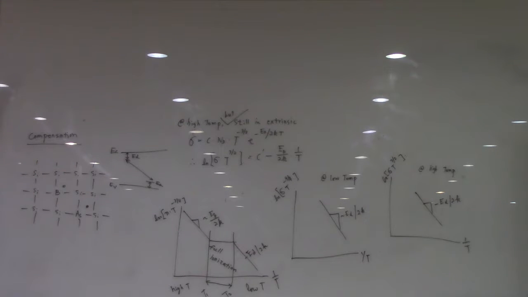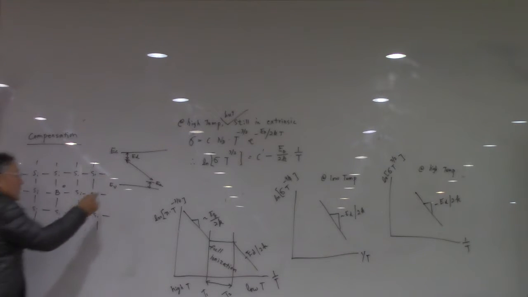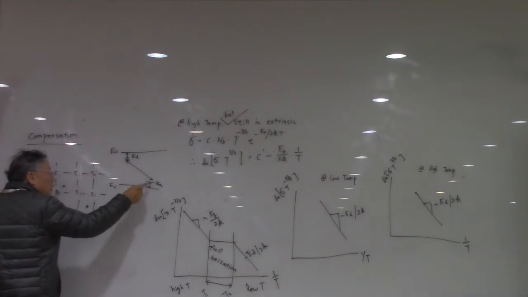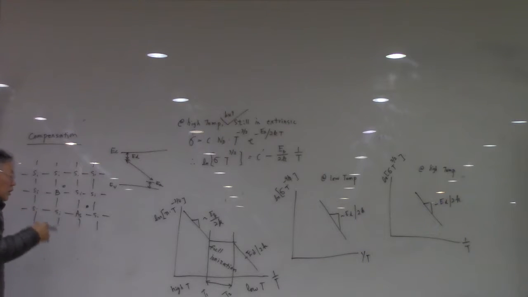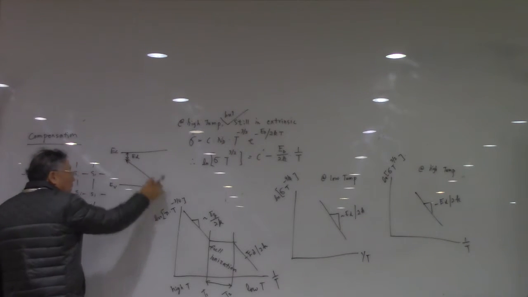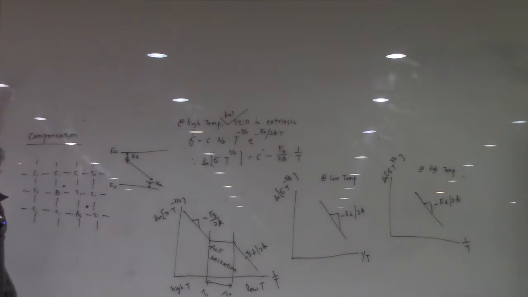Okay, but in reality, this is not the real distance. This is not the representation of the energy necessary for the compensation reaction to happen. And in most of the semiconductor devices, that compensation happens all the time.